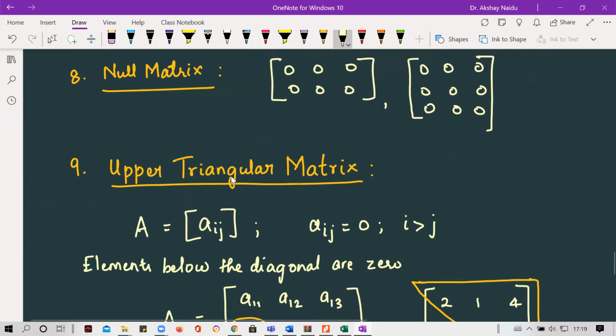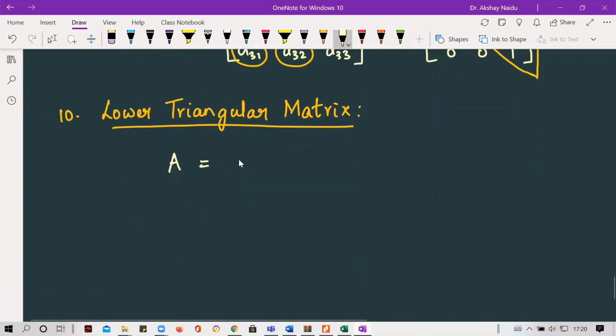How will you define it? Elements above the diagonal are zero. Good. Elements above the diagonal. Yes. So we write like this: Aij is equal to 0 for every i less than j.